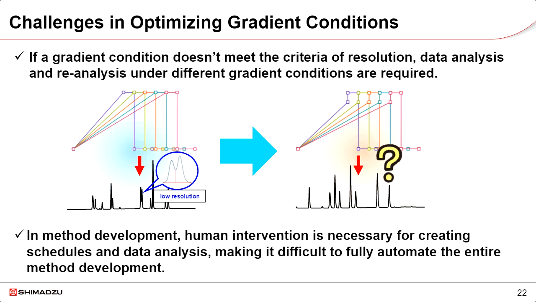This is obviously inefficient, and what we would hope to achieve is to discover a more sophisticated gradient that may allow us in a single injection to accomplish all of our goals. This has not typically been done by automation in the past, as human intervention is necessary to create the data analysis schedule, and it becomes a challenge to fully automate the process.